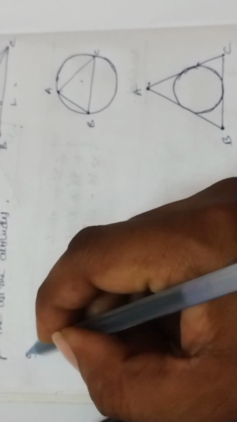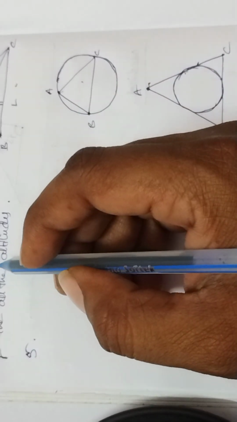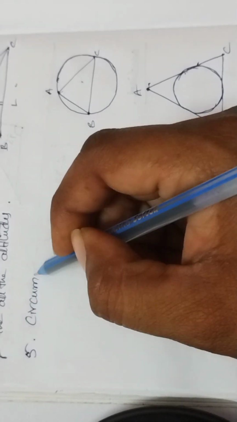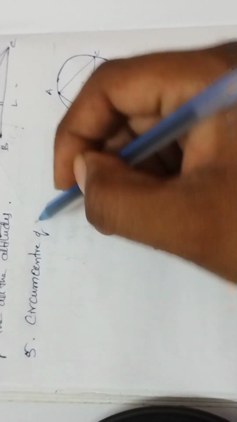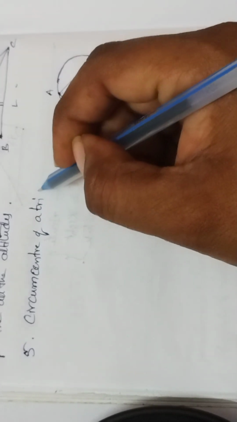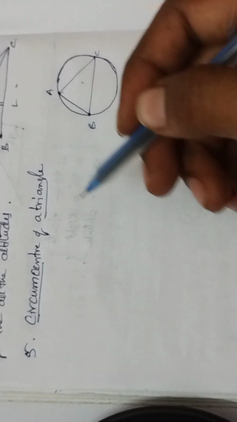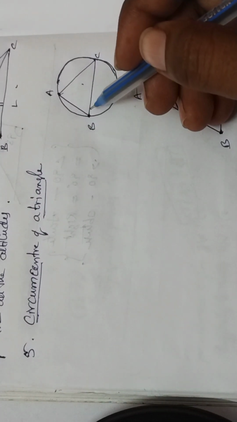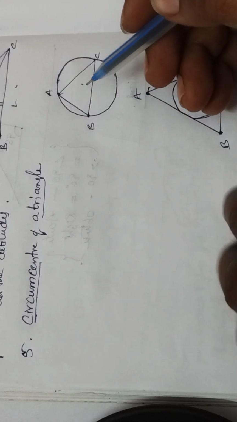Now coming to the next one, that is fifth, the circumcenter of a triangle. How is it formed? For example, the perpendicular bisectors of the sides of a triangle.